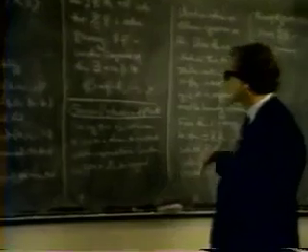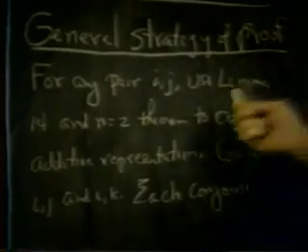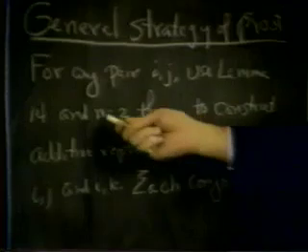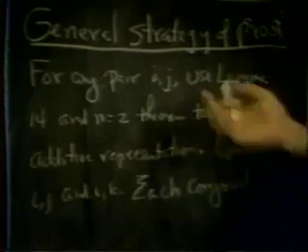Now, the proof of this is not entirely trivial, but the general strategy of it is easily outlined. What you do is consider any pair of components. By lemma 6.14 and the theorem for the case of two components, one is able to construct an additive representation of that pair.